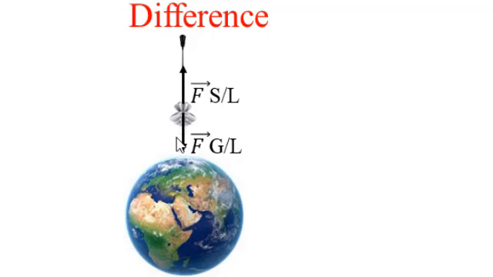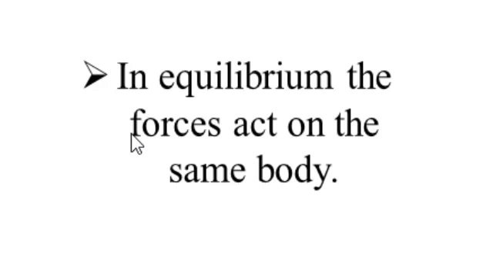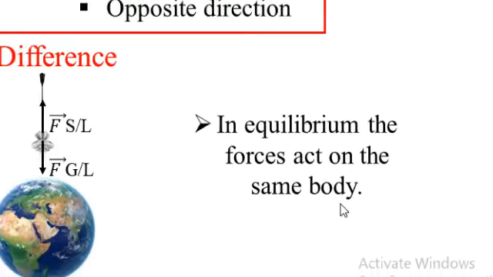These are two forces acting on a body at equilibrium. If we check the receiver right here, we have the same receiver. So different forces exerted by different producers acting on the same body. So as a conclusion, in equilibrium, the forces act on the same body.